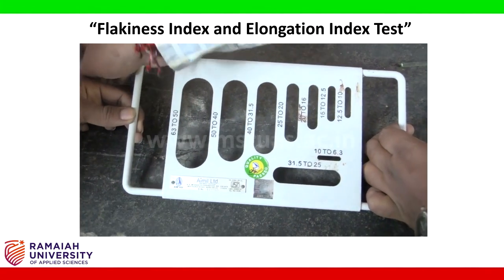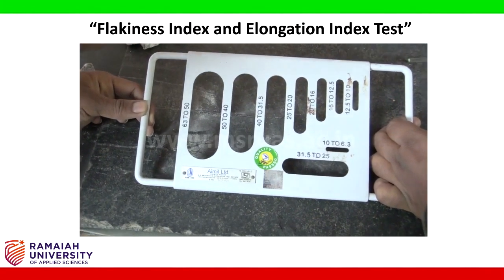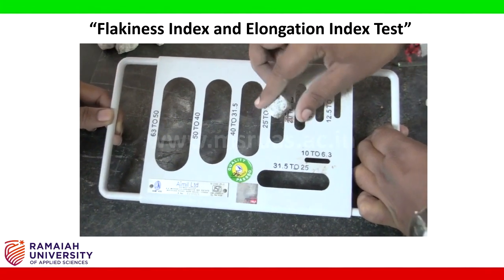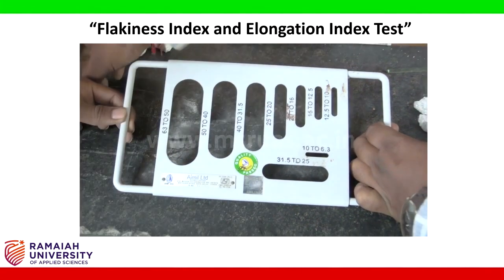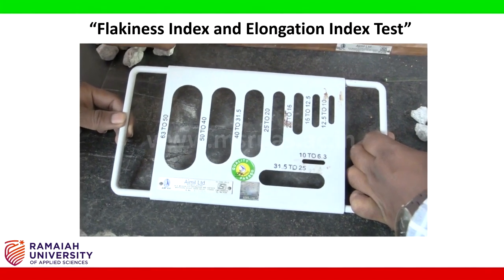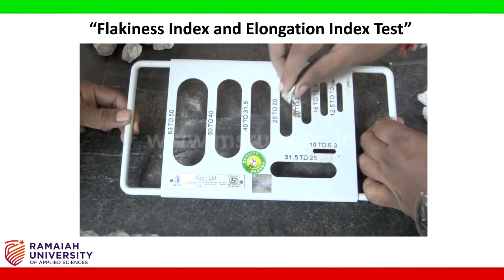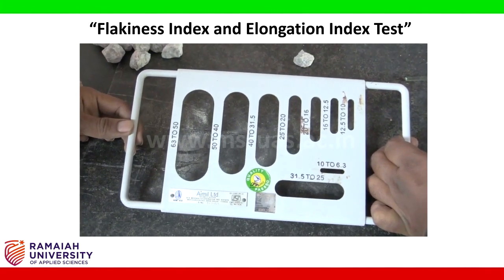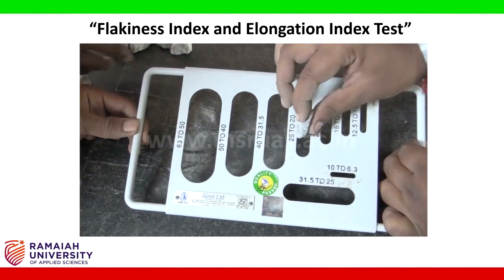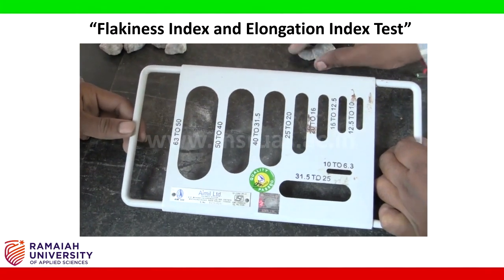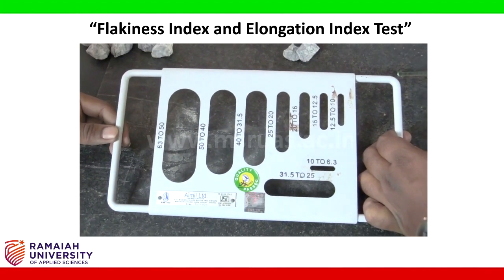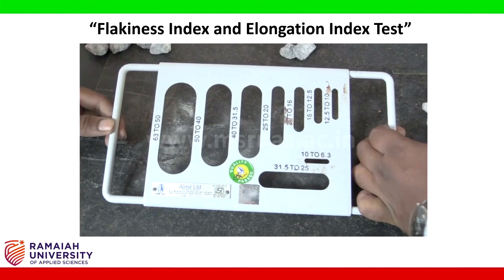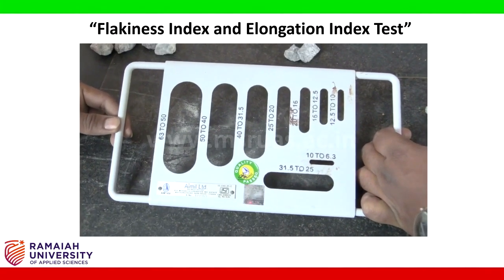So this is not passing. So this one is passed. I keep this specimen aside. Whichever passes, I keep on one side, and whichever does not pass, I keep on the other side.